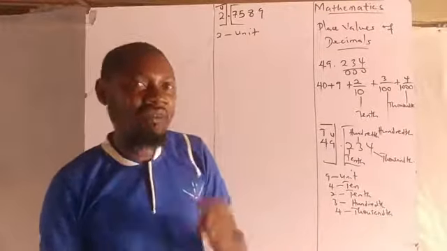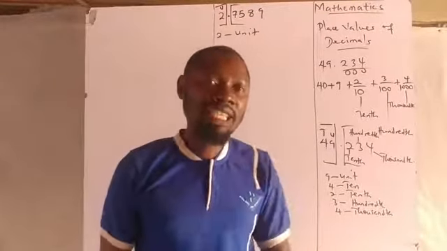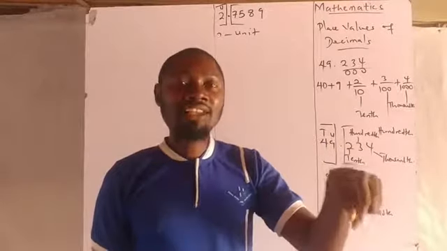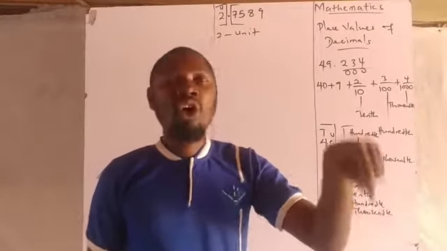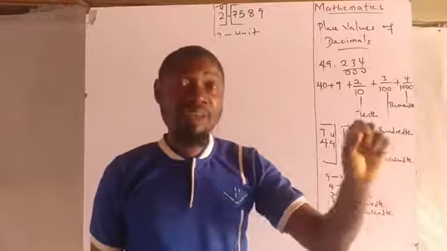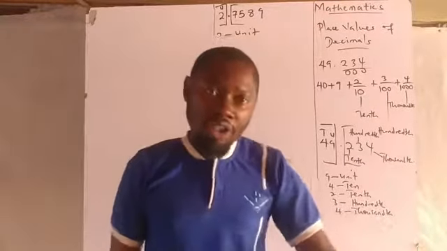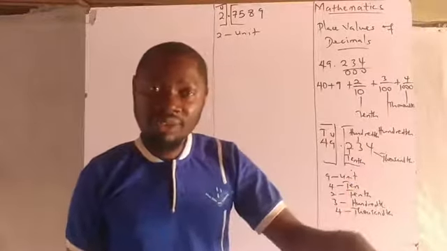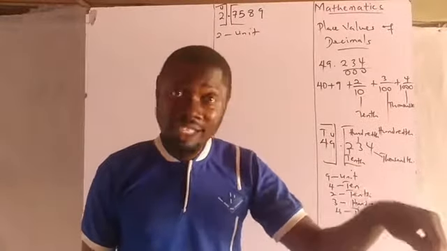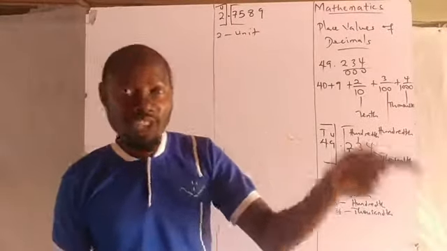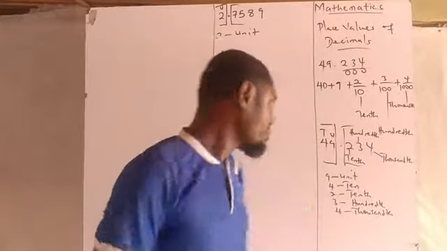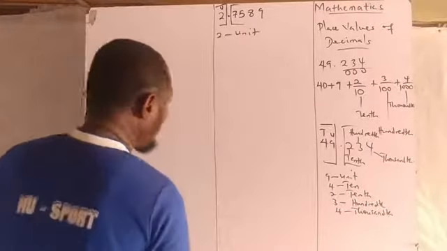After the decimal, we have tenth, hundredth, thousandth, ten thousandth, hundred thousandth, millionth. Note that. I'll write it for you to see.